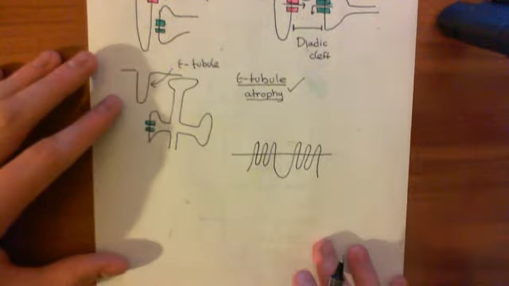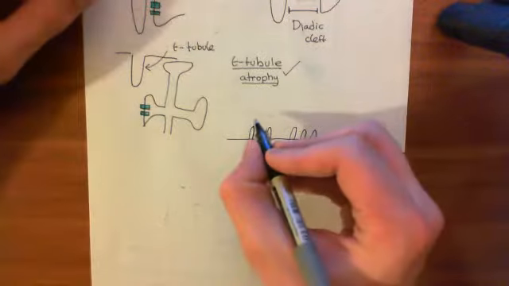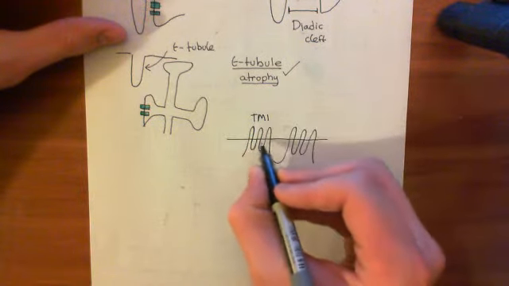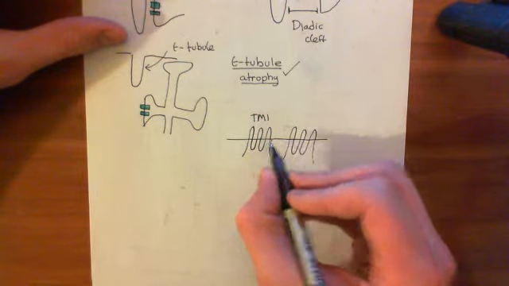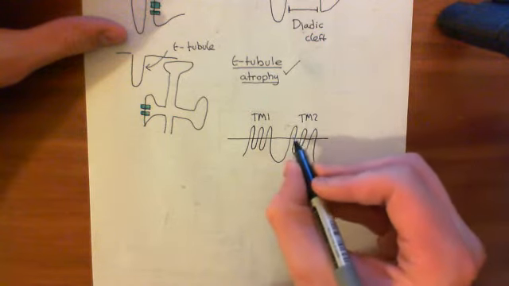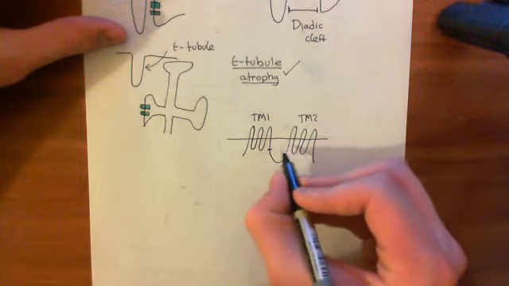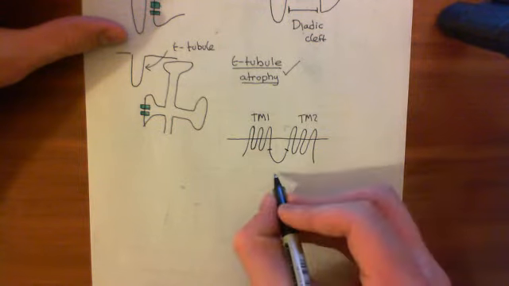Just to discuss the adenylyl cyclase 5 structure briefly, it has these two transmembrane regions consisting of 6 membrane-spanning alpha helices. So this is transmembrane region 1, and this is transmembrane region 2, and they both consist of these 6 membrane-spanning alpha helices.